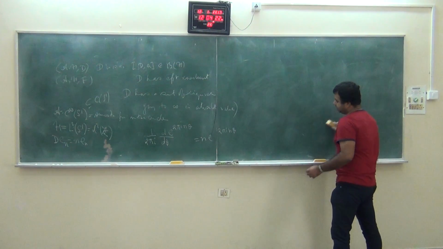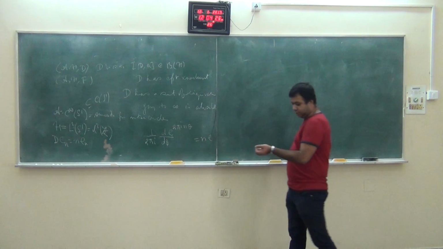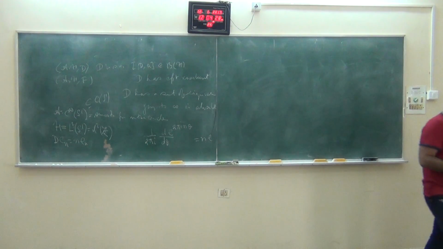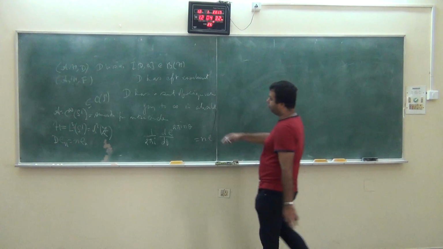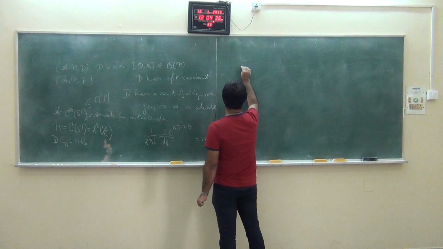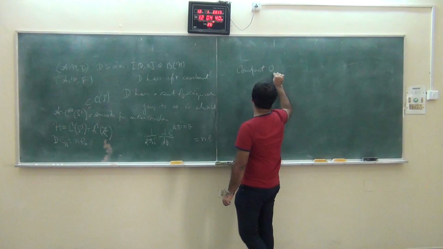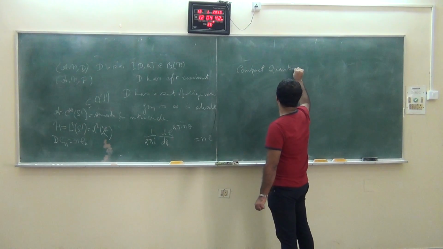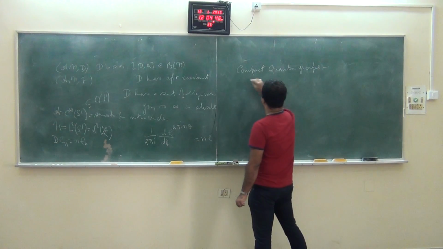My goal is discussing a slightly more complicated example, because almost 50% of my time is used. So far things were easy, now we are going to discuss a slightly complicated example, and that is the framework of compact quantum groups.